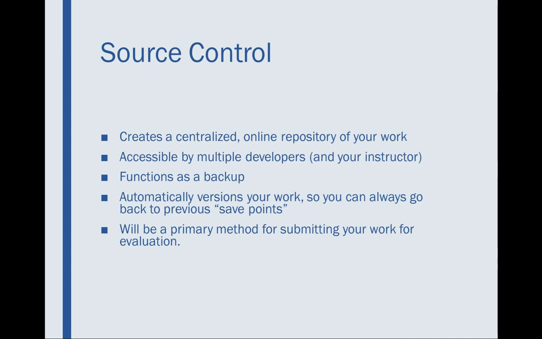Another big benefit to source control is it allows you to actually version your work. So let's say I go in and I create that little first program today, and it just prints "Hello World" on screen, and I save and I commit that. Now I have my local copy and I have an online copy of that.